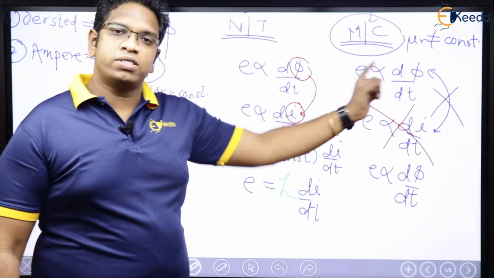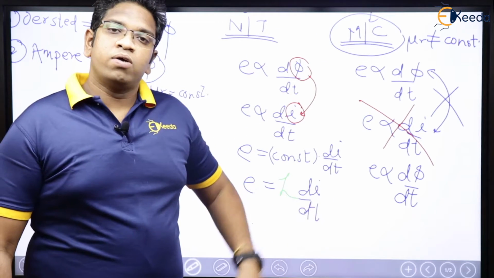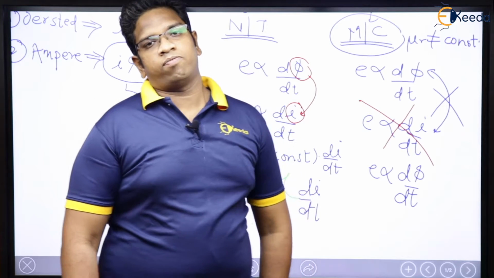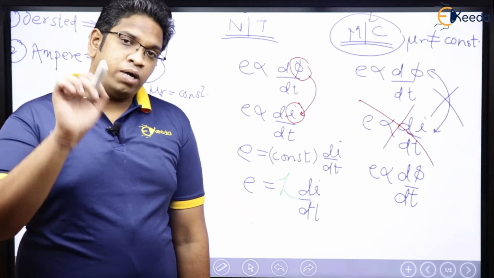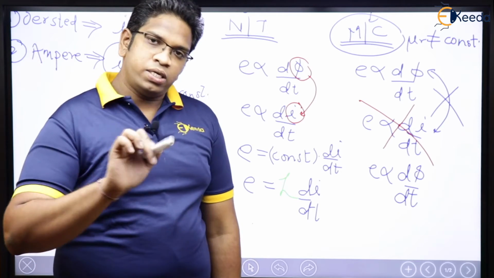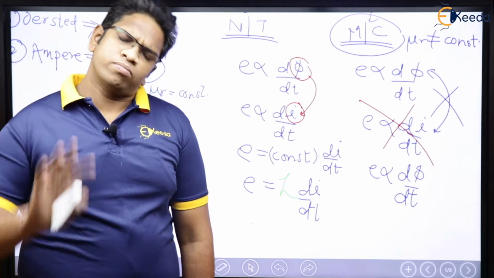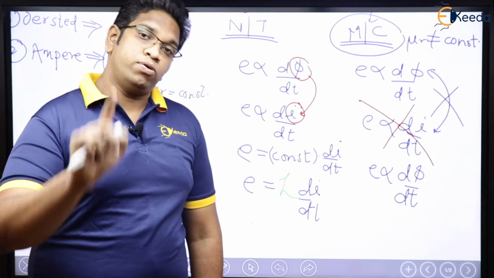Mu r is not constant because we are using iron core, and we are using iron core because without iron core, machine cannot exist physically. Mind my words. What is the reason, sir? Time will come. Don't worry, just believe me. I will explain why.